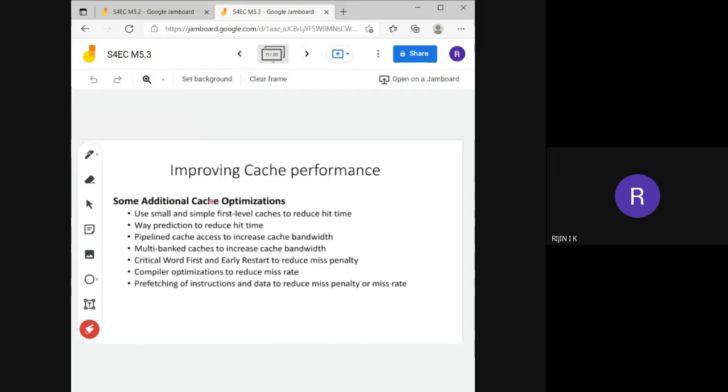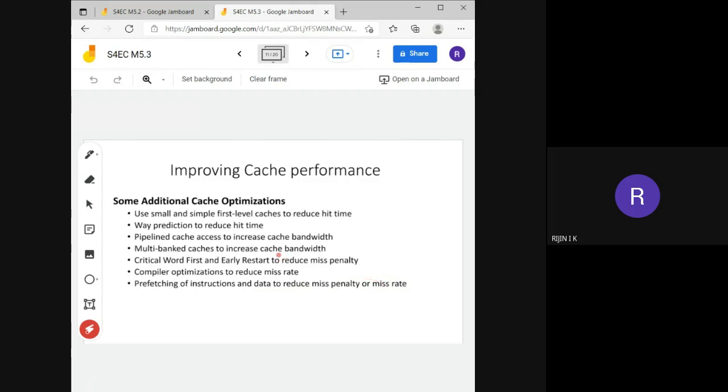Then there are some other additional optimization techniques for improving cache performance: use of small and simple first-level caches to reduce the hit time, way prediction to reduce the hit time, pipelined caches and cache access to increase the cache bandwidth, multi-banked caches to increase the cache bandwidth, critical word first and early restart to reduce the miss penalty, compiler optimization to reduce the miss rate, and prefetching of instructions and data to reduce miss penalty or miss rate.